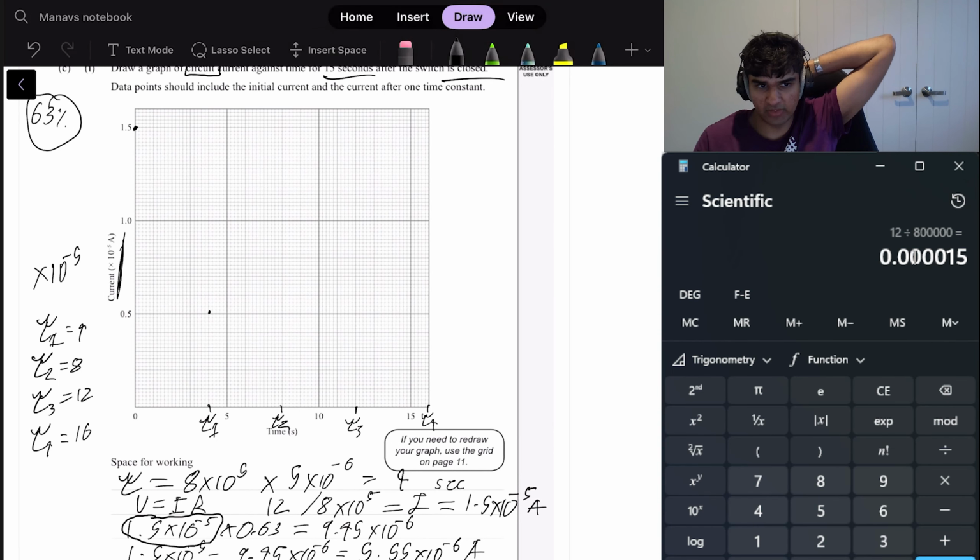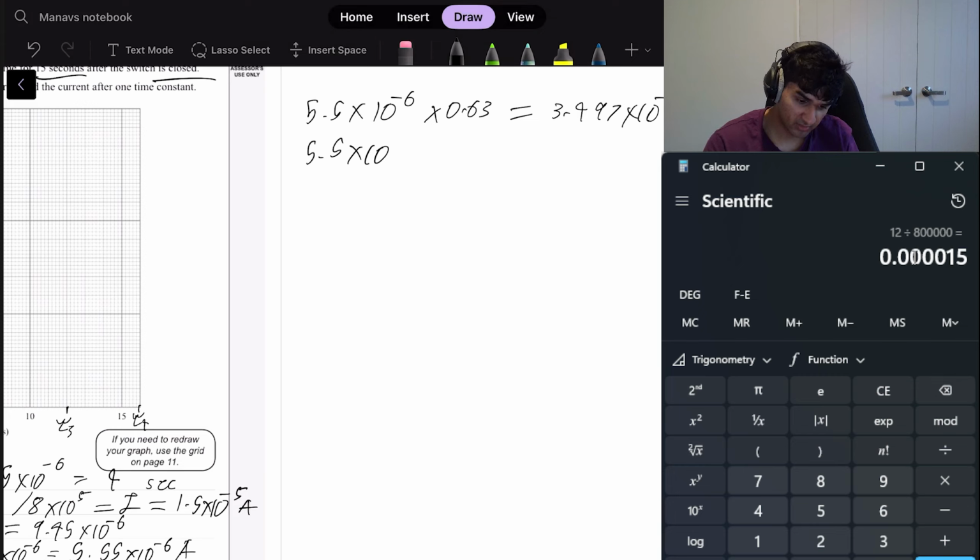And then we subtract it from that, the difference we found, 3.497 times 10 negative 6. Boom. And this is 5.55, I wrote it wrong.